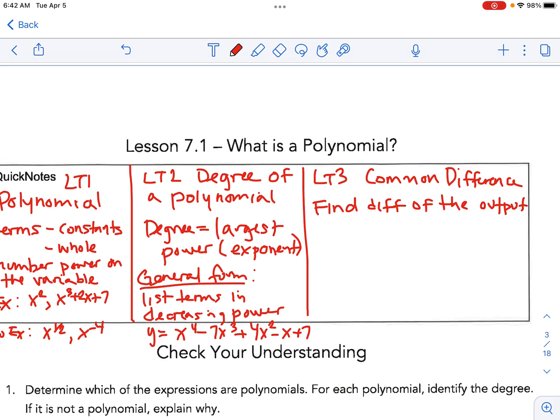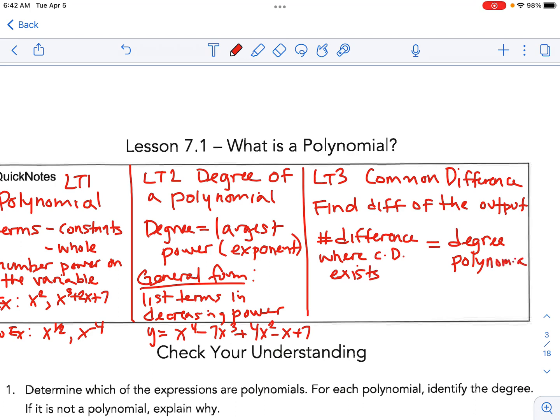And the number of differences it takes tells you the degree. So the difference number where the common difference exists equals the degree of the polynomial.